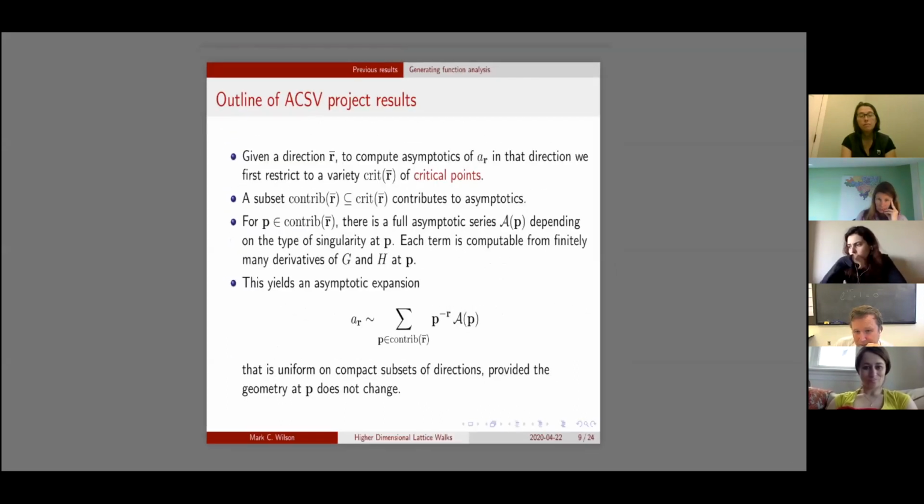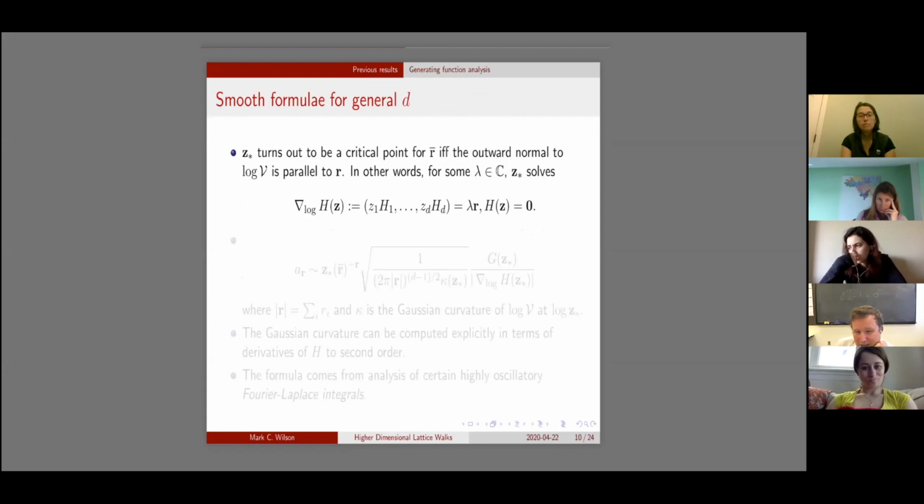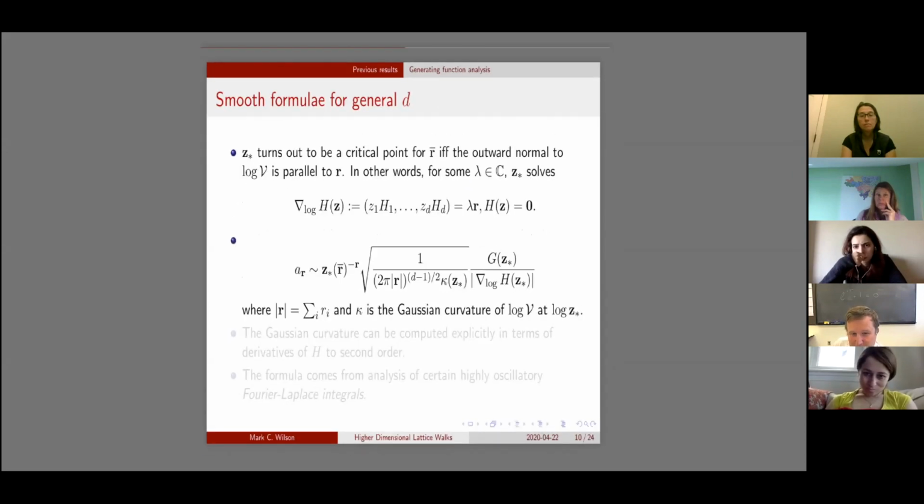So let me give you an idea of the kind of formulas we knew that we had. Don't worry too much about every detail in here because there's a lot of formulas, but basically you can get an asymptotic contribution to a contributing critical point, which is not that bad. It can be described in terms of geometric data, which is what I'm trying to do there.